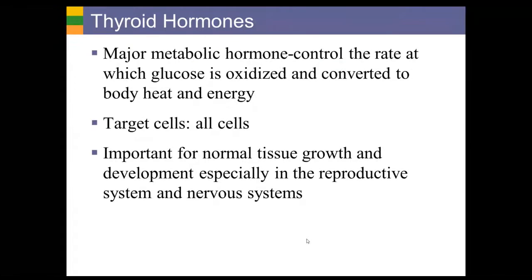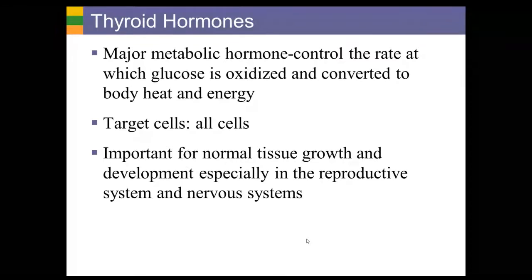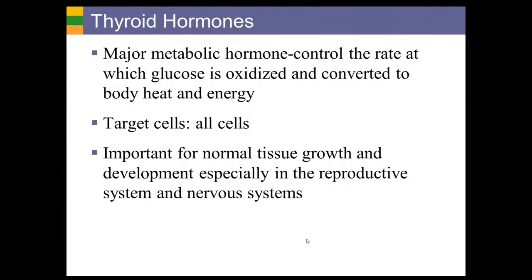So what do these thyroid hormones, T3 and T4, do? Well, they cause the oxidation of glucose to make ATP, and then the utilization of ATP by cells. So they basically increase the metabolic activity of cells. In terms of their target cells, pretty much every cell in the body is a target cell for T3 and T4.